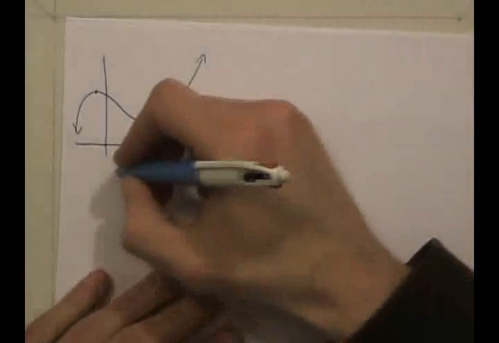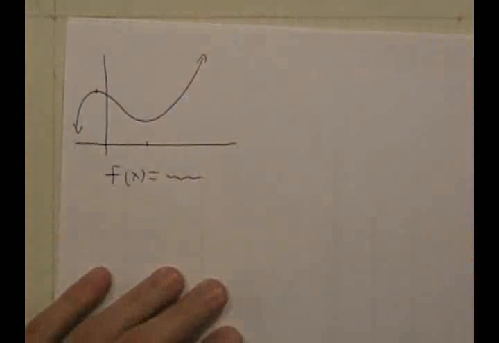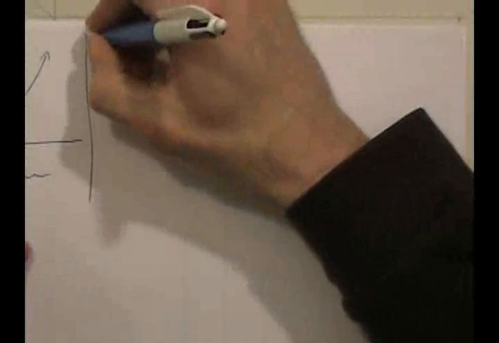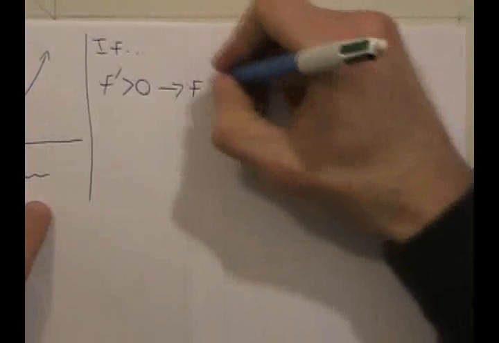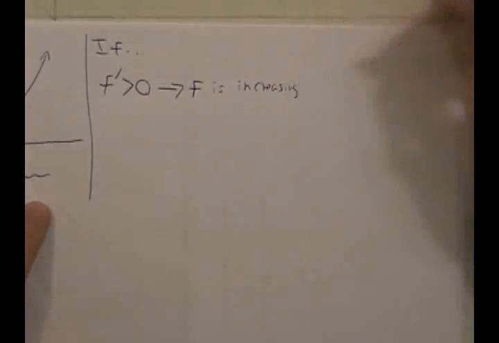Now, we need to know how we're going to be able to tell what a function is doing roughly just by giving its equation, f of x equals whatever. And there are four possibilities for telling what could go on here by using the derivative. If f prime, the first derivative, is positive on some interval, then that implies that f is increasing on that interval.